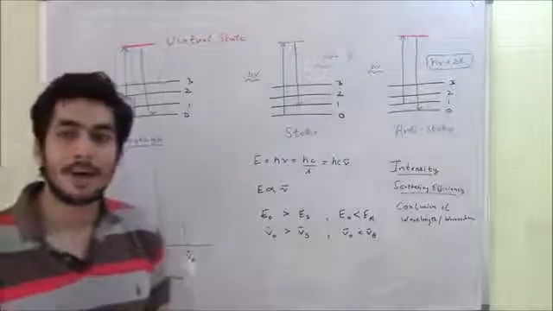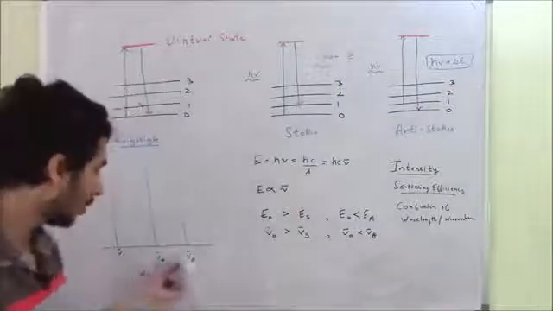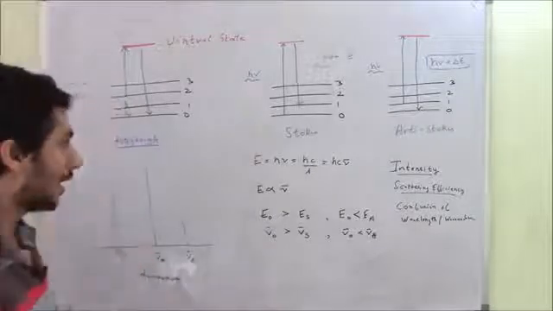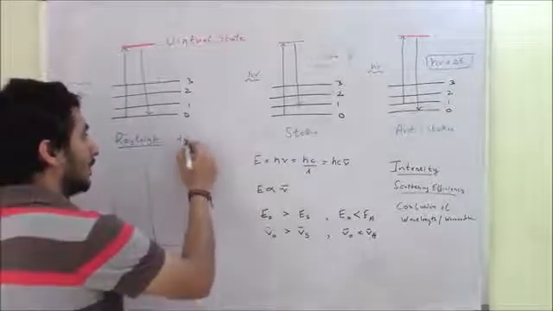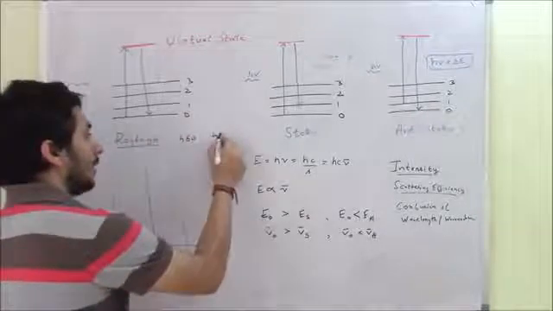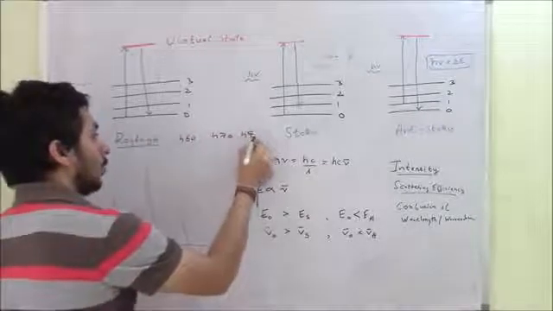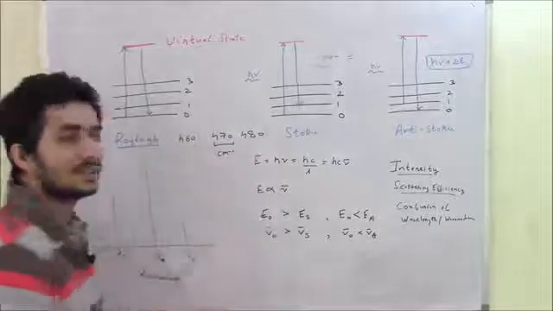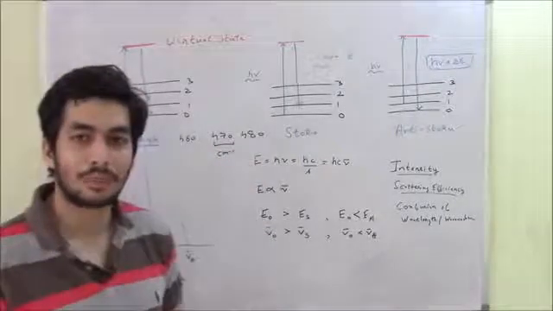Now this is a comparative thing, where we take ν naught as the reference wave number. What I mean is, let's say we have 460 centimeter inverse, 470 and 480, where 470 centimeter inverse is the wave number of the Rayleigh photon.